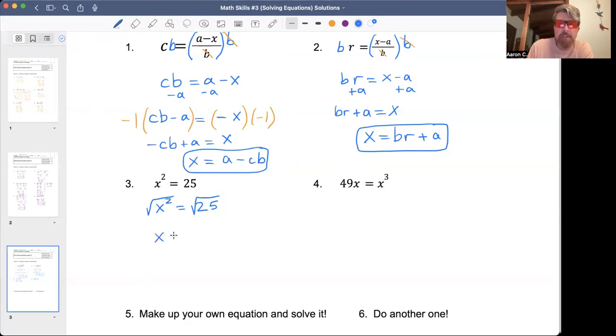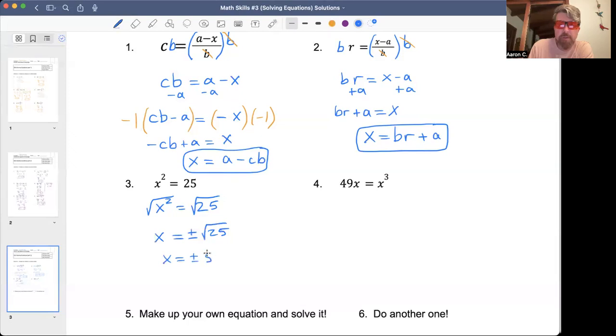And x is going to be the positive or negative square root of 25, which is 5. So x is going to be equal to positive or negative 5.